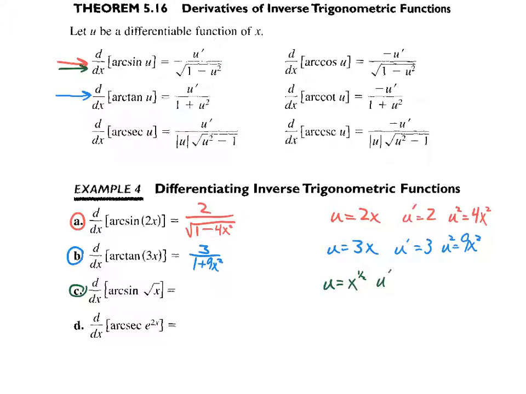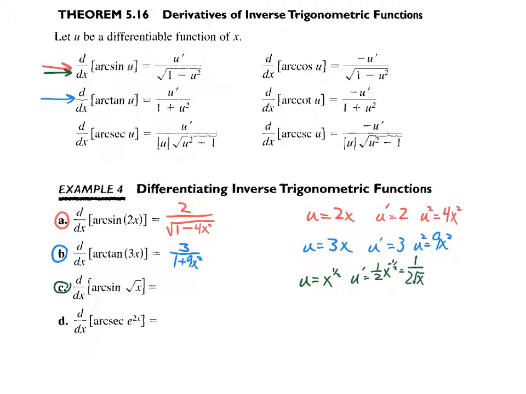And u prime is 1/2 x to the negative 1/2, and that is 1 over 2 square root of x. Good. And then what's u squared? Yeah, u squared is square root of x squared, so it's just x.